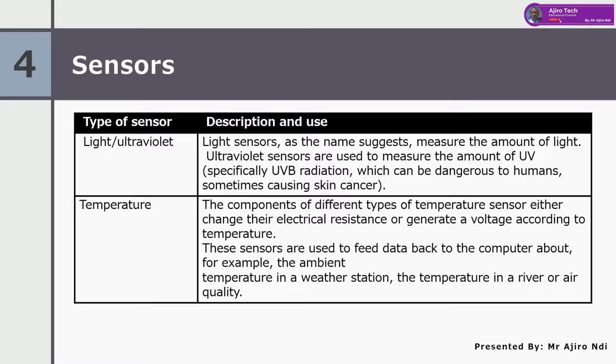According to what? To temperature. This could be, for example, the ambient temperature in a weather station, the temperature in a river, or the air quality. This is very important because this kind of sensor is used to feed data back to the computer.